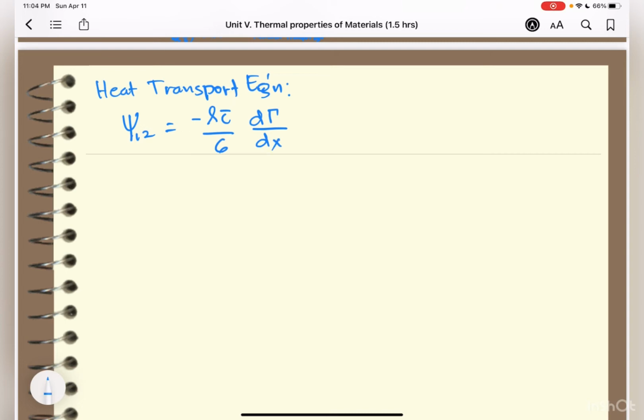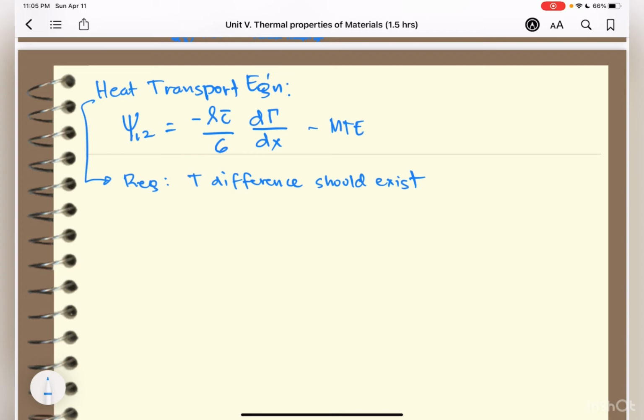So this is your MTE, molecular transport equation. If it is for heat transport equation, what are the requisites? First, a temperature difference should exist. Otherwise, there is no heat transport.